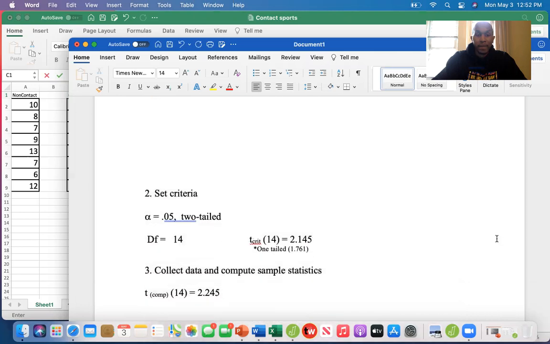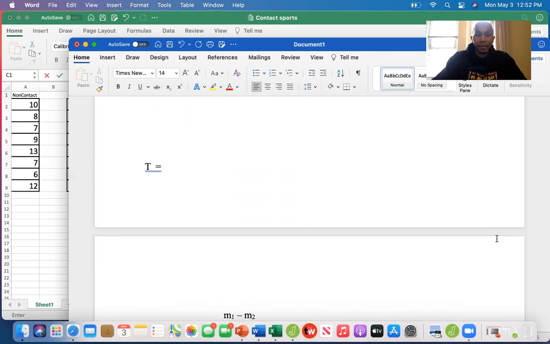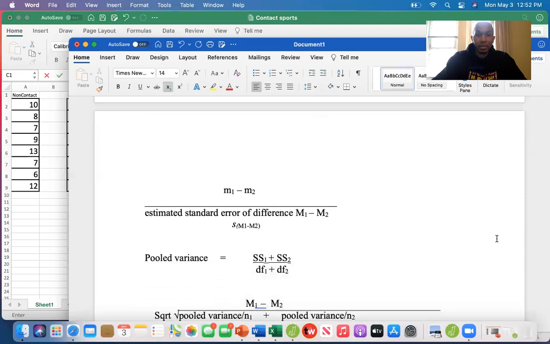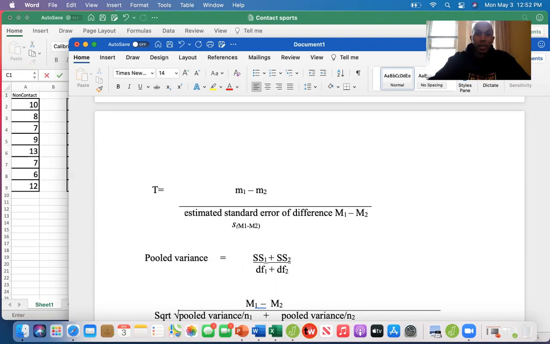Let's just see if I have some of the information below. Yes, okay. So our formula for T is going to be equal to, I just want to slide this over so this looks correct. T is going to be equal to the difference between the sample means, sample mean 1 and 2.